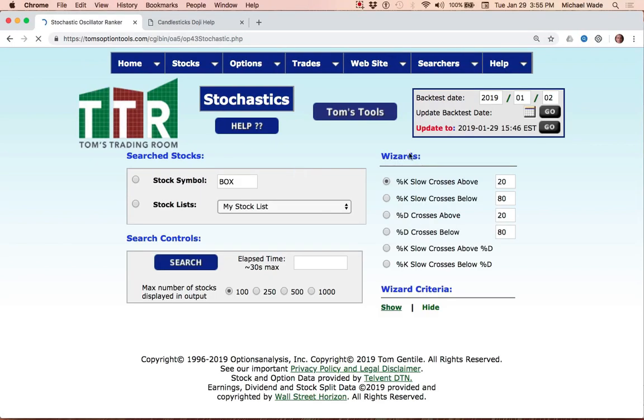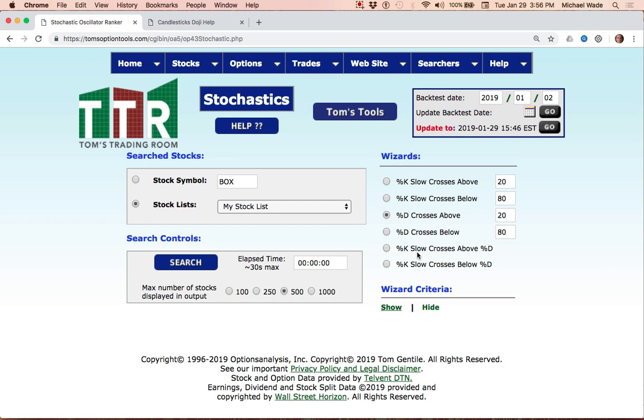Remember, in stochastics there's a lot we can do. For a bullish signal, what I'm looking for is the %D, one of the two stochastics lines, to cross above 20, indicating a possible oversold condition that is about to turn around and move the opposite way. Of course, I can use other indicators.